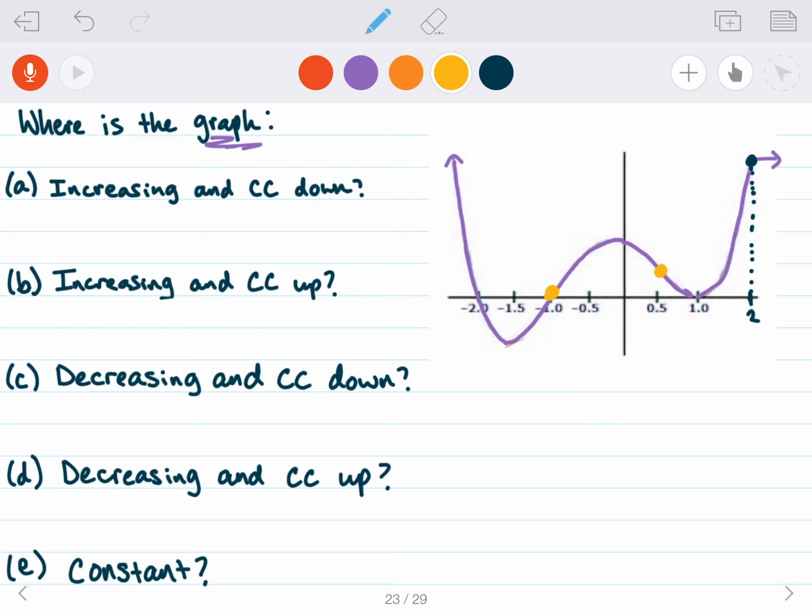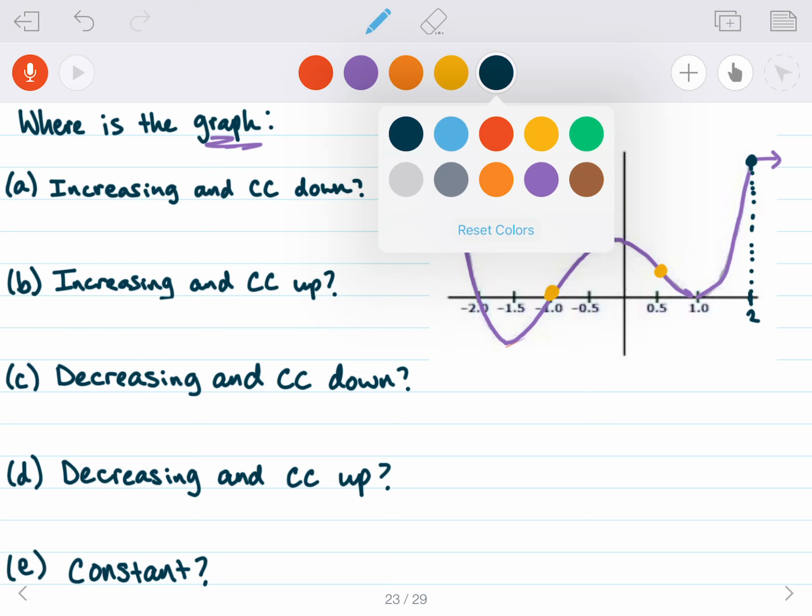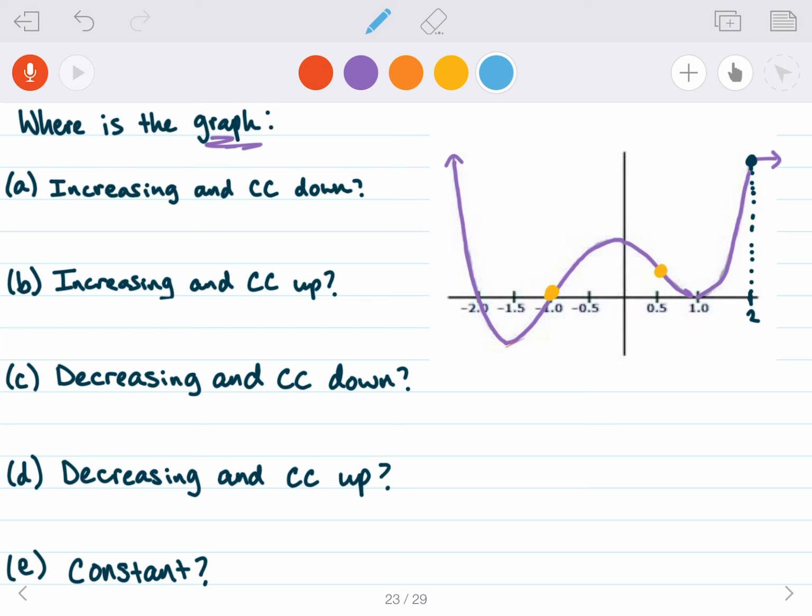So let's also, let's see. I'll do concave up in blue. So where is it smiling? Well, it looks like it's smiling right here. Right, so concave up.